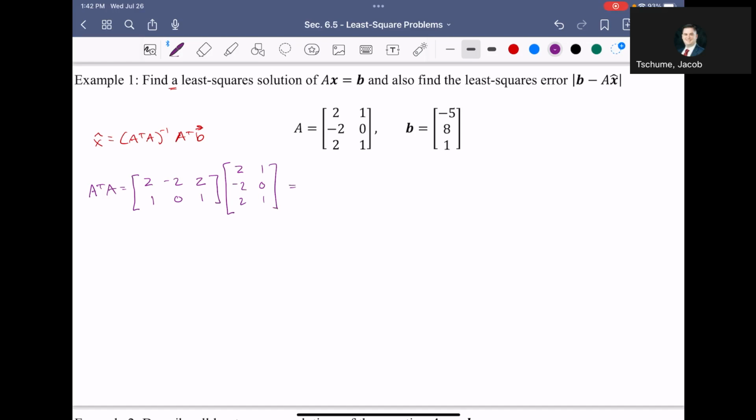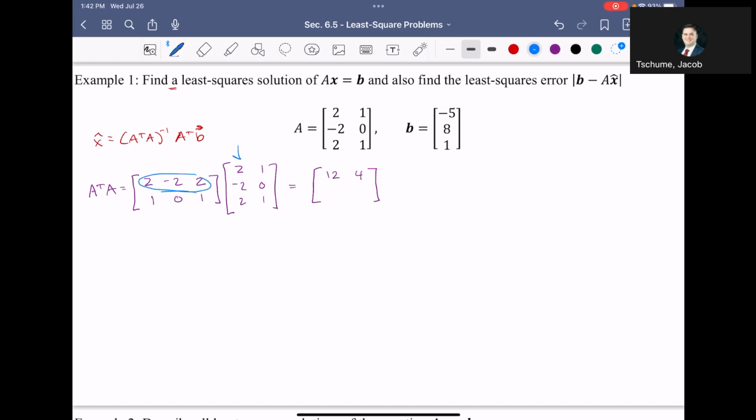Multiplying these together by the row-column rule is going to end up giving us a 2 by 2 matrix. So if I take the first row and multiply it by the first column, you should get 4 plus 4 plus 4, which is 12. First row times second column is going to give me 2 plus 0 is 2, and then 2 plus 2 is 4. All right.